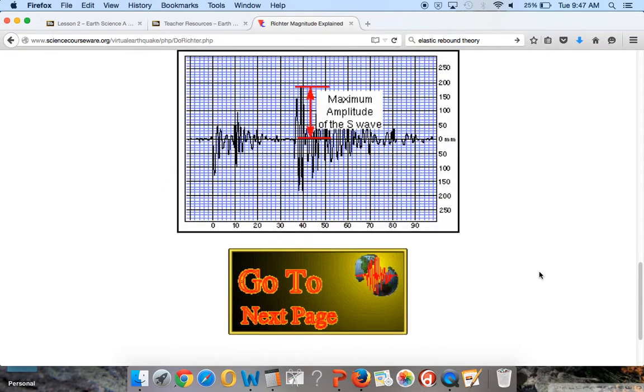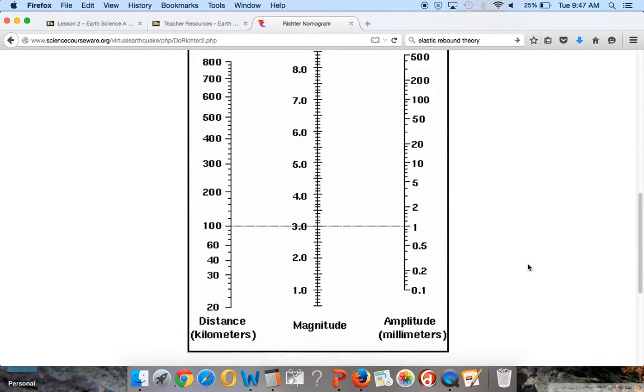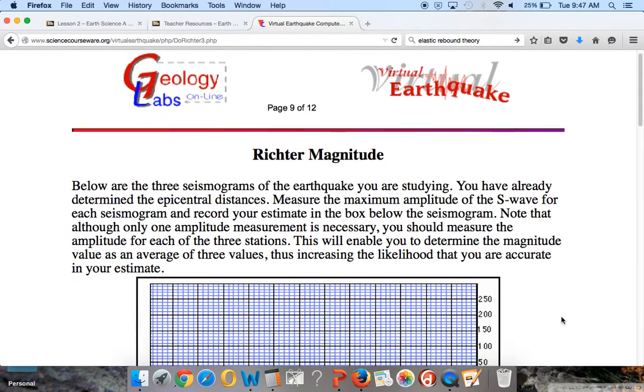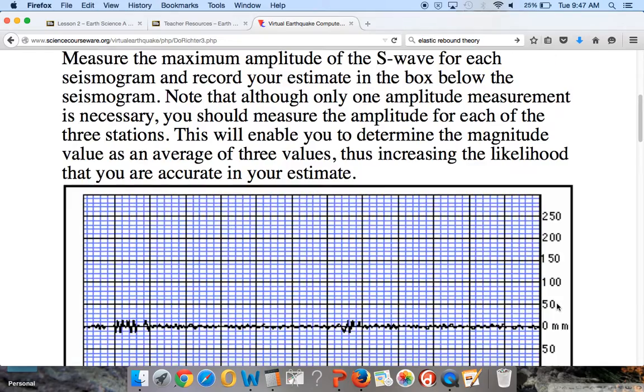What we're going to do now is, you may have noticed that these waves are different heights. So we're going to measure the height of those waves, and that's going to help us determine the Richter magnitude. I'm going to scroll through. Again, very important that you read through this because you'll be tested on it. But I'm going to move these up.